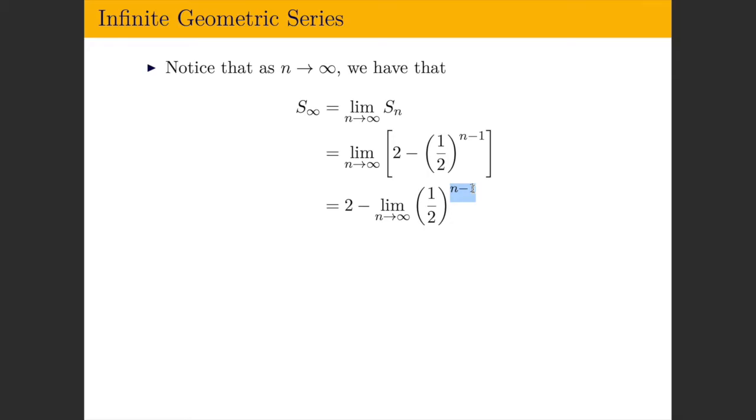Well, think about it here. We've got a half to the power of n minus 1. When n equals 1, what did we have? We had a half to the power of 0, which is 1. When n equals 2, we have a half to the power of 2 minus 1, so a half to the power of 1, we get a half.